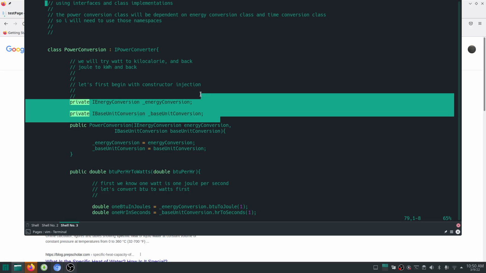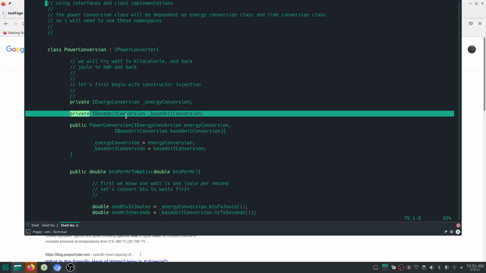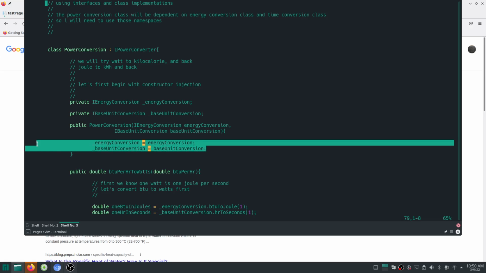I make two private variables typed as the interface, and we use constructor injection to inject these dependencies, and then we set those private attributes as these dependencies.